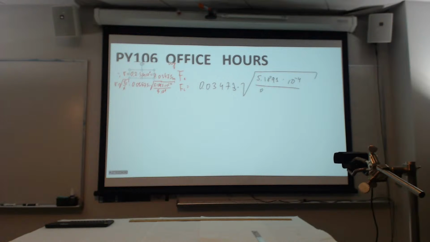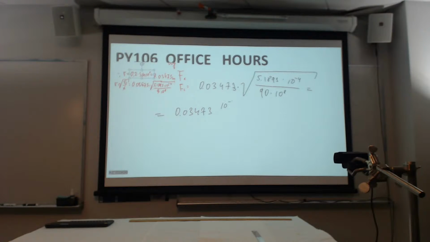Okay, let's check it out. 9, but I want to make it differently. 90 times 10 to the 8th. 0.03473.